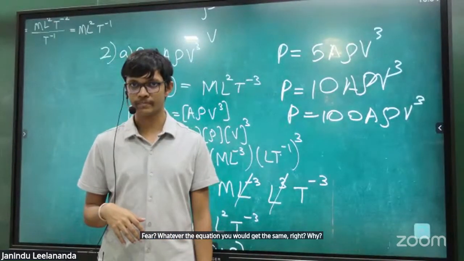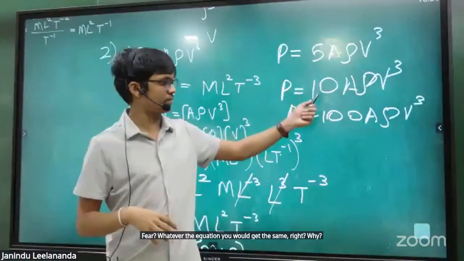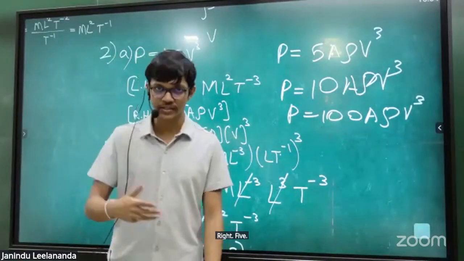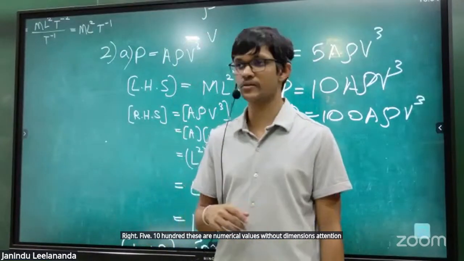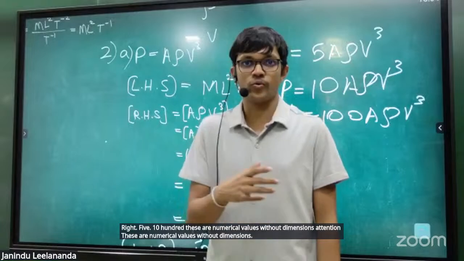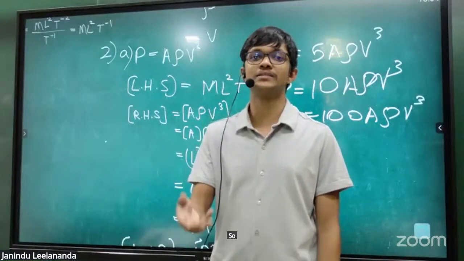Why? 5, 10, 100, these are numerical values without dimensions. Attention, these are numerical values without dimensions. So you can't analyze the correctness of the numerical value, right?